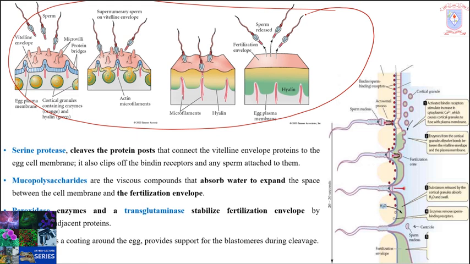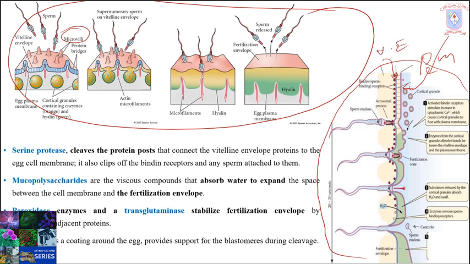I think you are familiar with this picture if you followed the last video of this channel, and in that video we mentioned the microvilli. Yes, this is the plasma membrane and this is the vitelline envelope, and these connections between the plasma membrane and vitelline envelope are called protein posts.